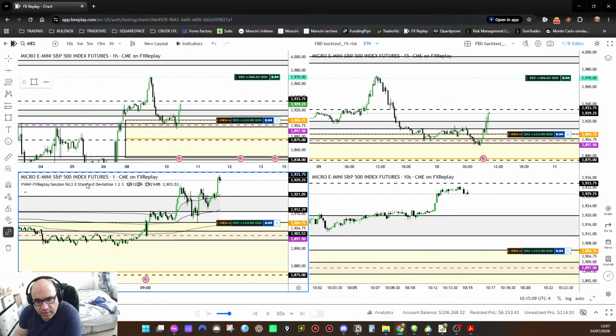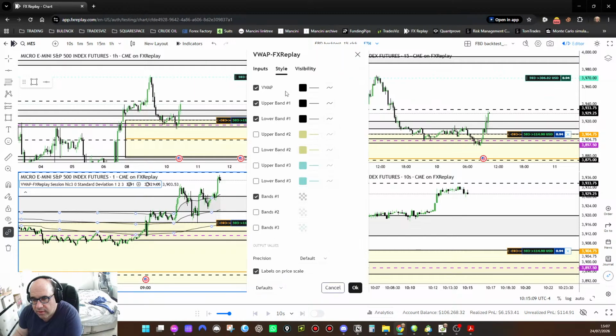What is happening? Just go to settings, style. Yeah, we have the DVA, but we don't have the extreme bands for some reason. To be honest, I don't really need the extreme bands, but we can put them probably as upper, lower.